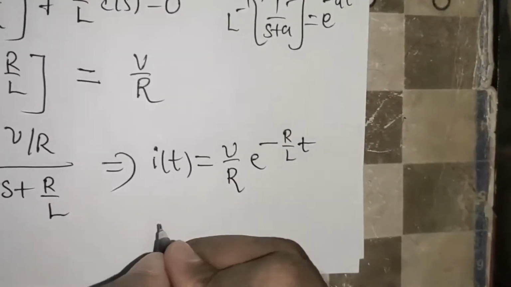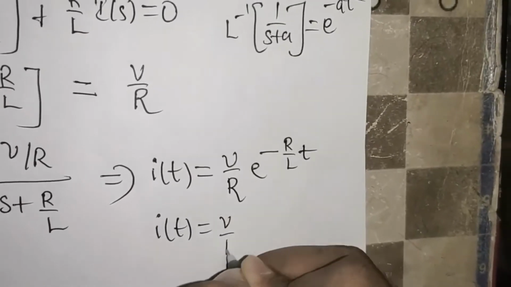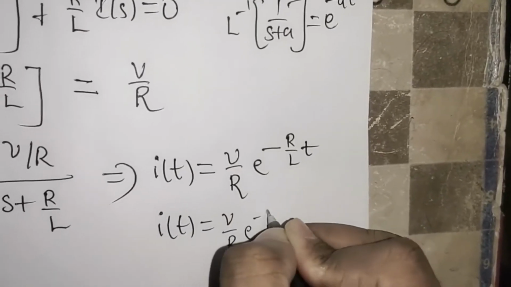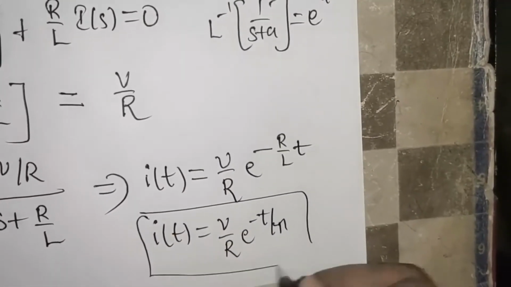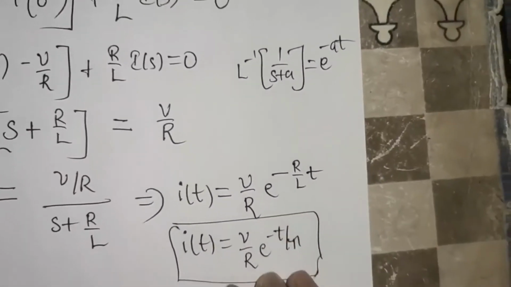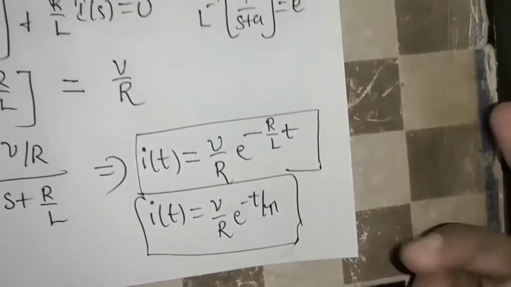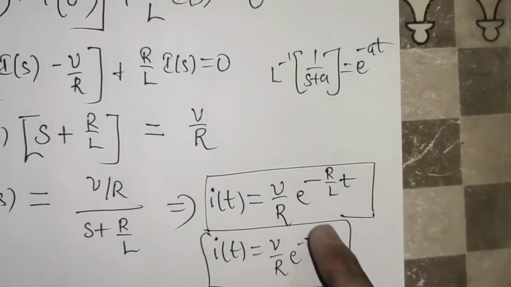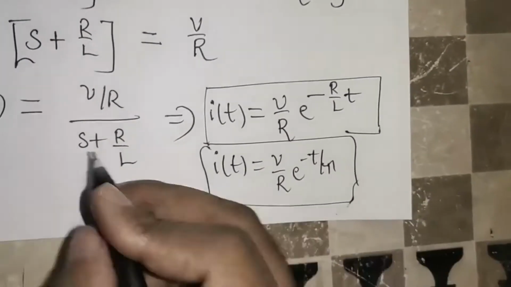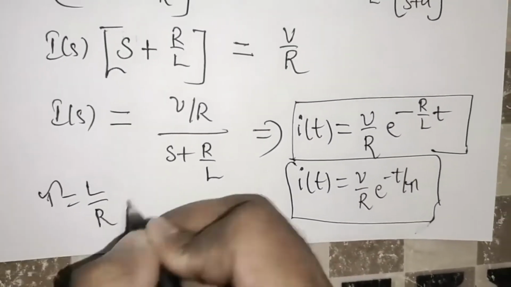This I can write as I of t is equal to V by R into e power minus t by tau. As you can see, the expression we have obtained is the same irrespective of the method we use, where tau refers to the time constant which is L by R.